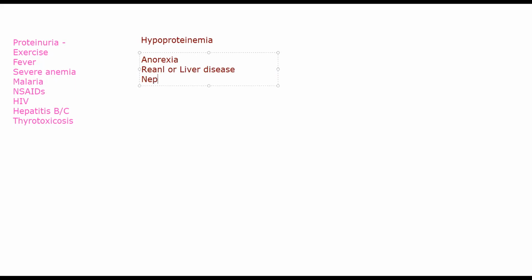Nephrotic syndrome can cause that. Nephrotic syndrome is again a problem in your kidney wherein it is throwing out proteins. Okay. Hemorrhage. If you have trauma leading to hemorrhage, internal bleeding, especially, you will have decrease in the number of proteins in your blood. Obviously, poorly balanced vegetarian diet.